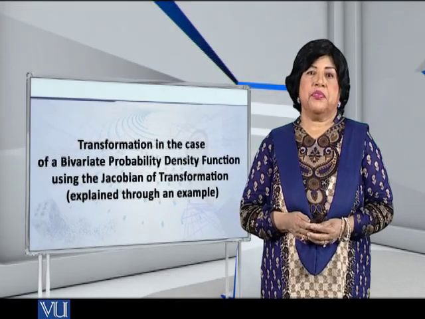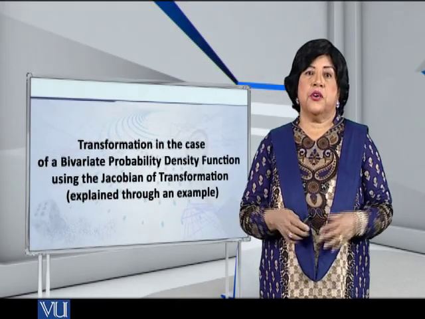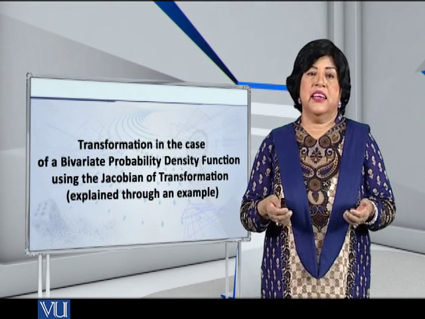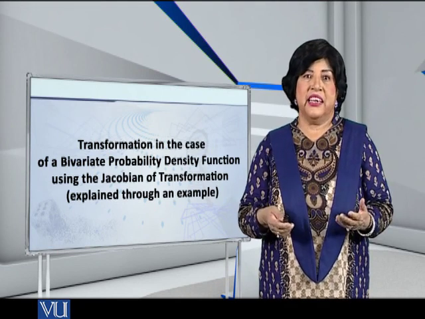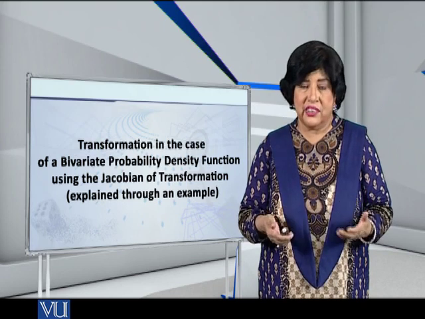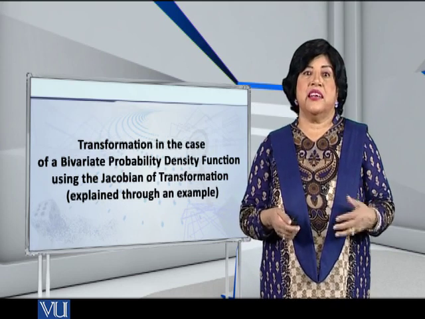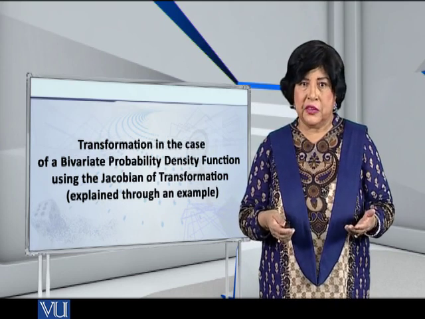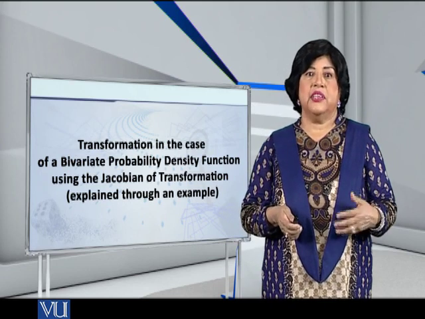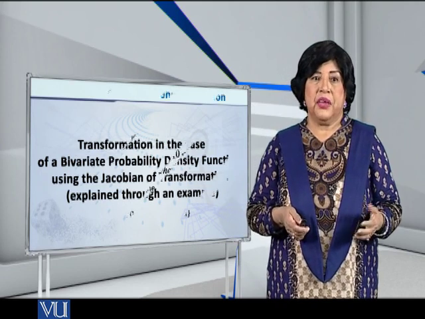Dear students, I would like to present to you the concept of transformation in the case of a bivariate probability density function using the Jacobian of transformation technique, and I would like to do it with the help of an example.